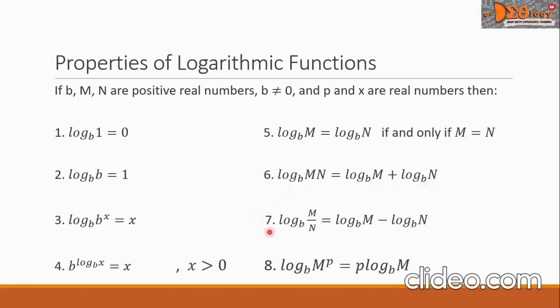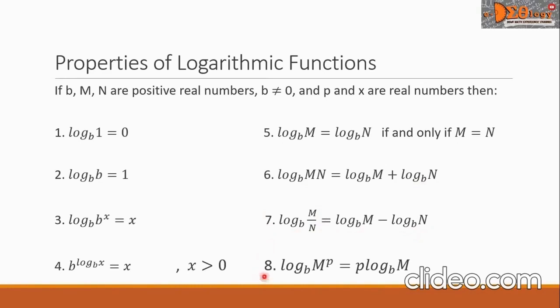Property number 7. This is the log of a quotient. When we have M over N and we take the log of that to base b, this is equal to the log of M to base b minus the log of N to base b.